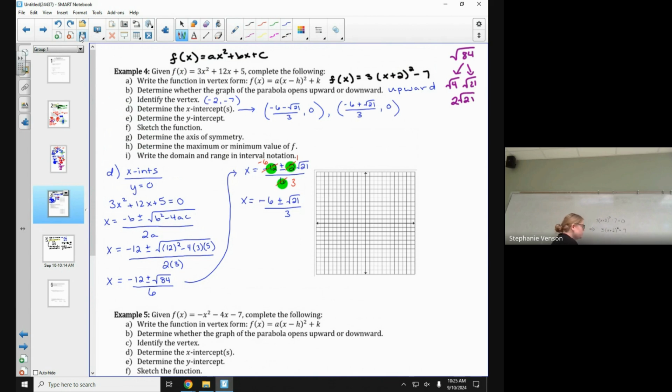Then I would divide both sides by 3, so I would get (x plus 2) squared equals 7/3. Then I would square root both sides, and I would get x plus 2 equals plus or minus the square root of 7/3.